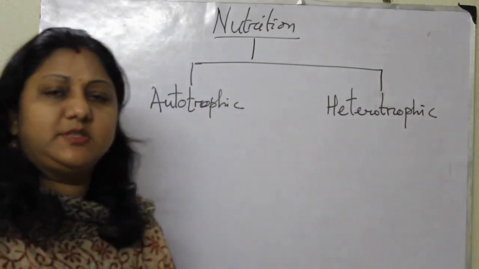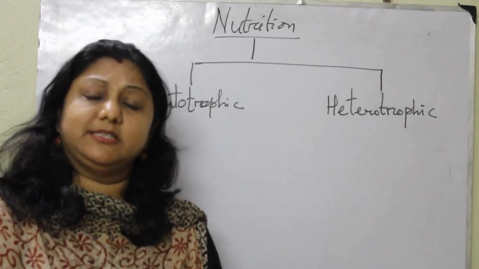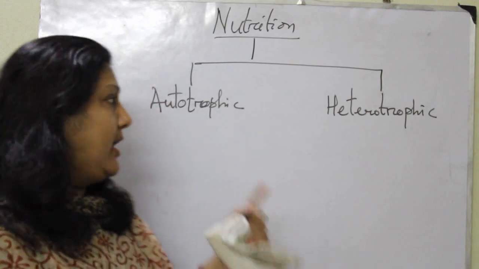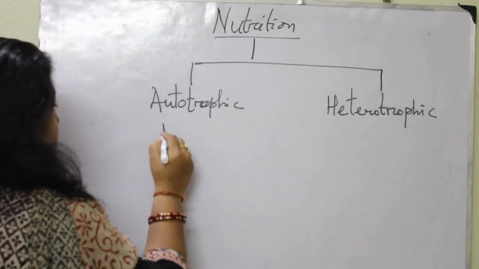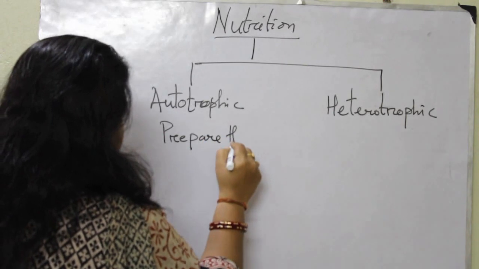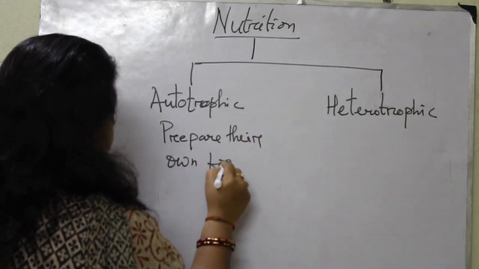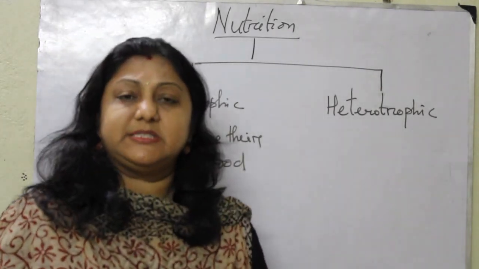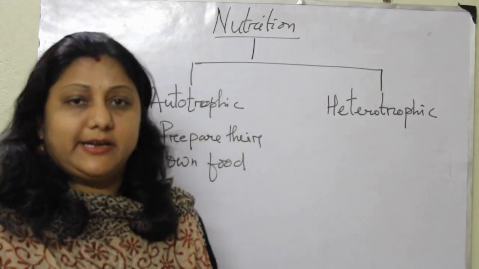The organisms who can utilize the inorganic materials, simple substances from nature on their own and prepare their own food are called autotrophic organisms. So autotrophic organisms prepare their own food. And the heterotrophic organisms are dependent on the autotrophs to get their food.